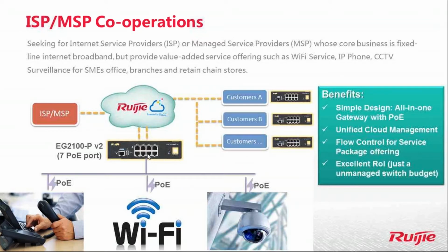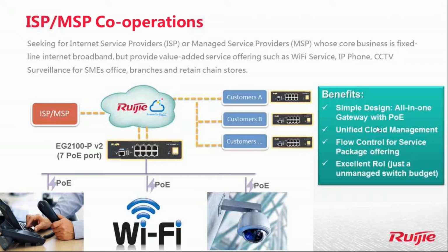You see, just now I already mentioned we have 7 ports in our EG2100. The 7 ports are using PoE. You can use these PoE ports to power up the IP camera, Wi-Fi, and also the IP phone.